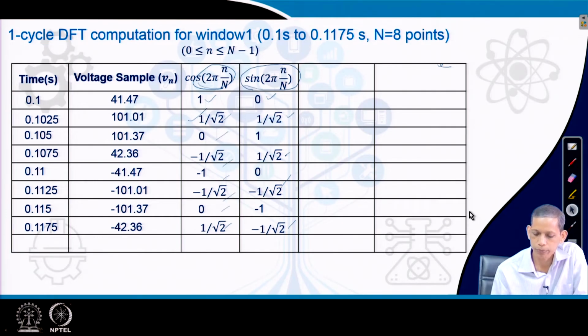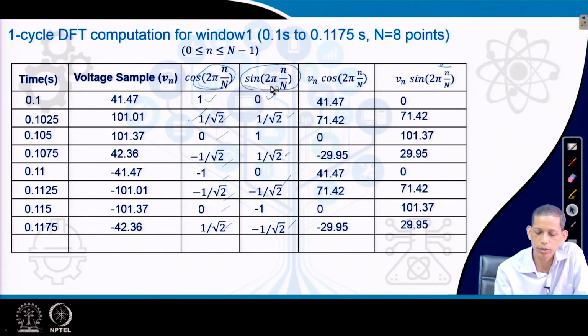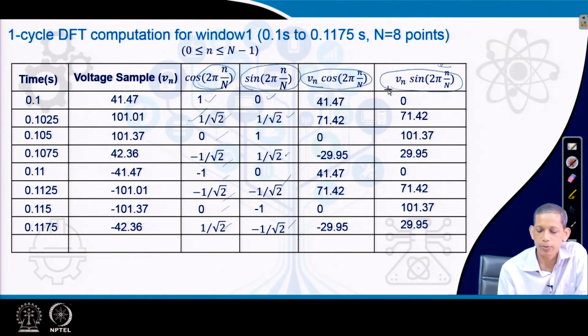Then we multiply the corresponding weights to the sample values. Each sample value is multiplied by its weight individually.